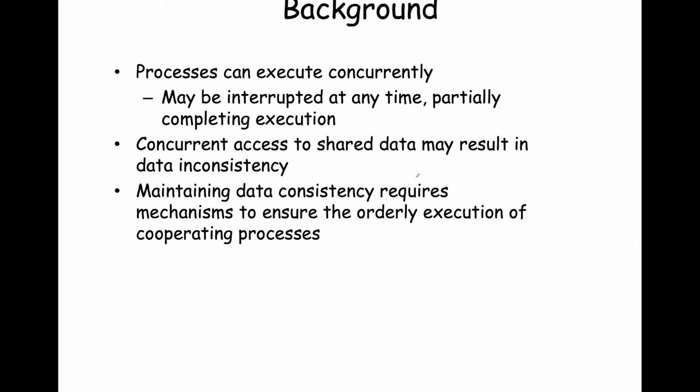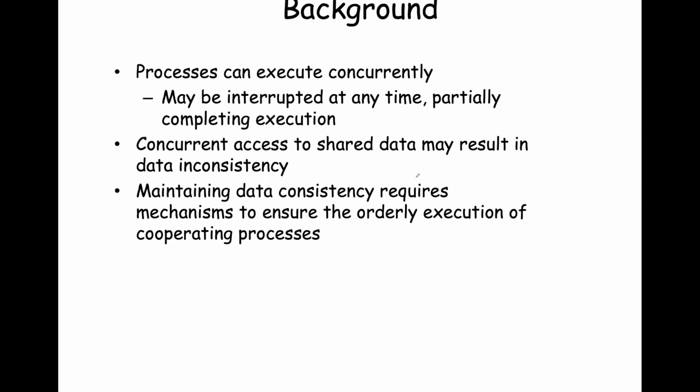And so this concurrent access, or parallel access, I'll add that, to shared data can result in an inconsistent form or value associated with this data, be they variables or data structures. And so part of the goal then is to maintain consistency. And so we need mechanisms in place that will make the execution orderly between two cooperating processes.